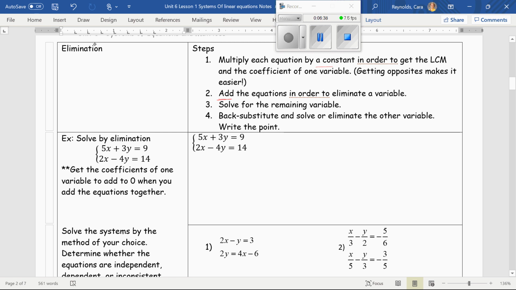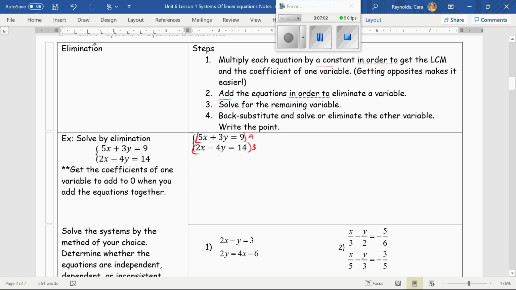So for example, I look here and I can choose x or y. It doesn't matter which one you want to do. In this particular case, I have to multiply both equations. So I'm going to go ahead and do y because they're already opposite signs. So if I add them down, if they're opposites, they'll go to 0. So I'm going to multiply this top equation by 4 and the bottom equation by 3 because the least common multiple between 4 and 3 is 12.